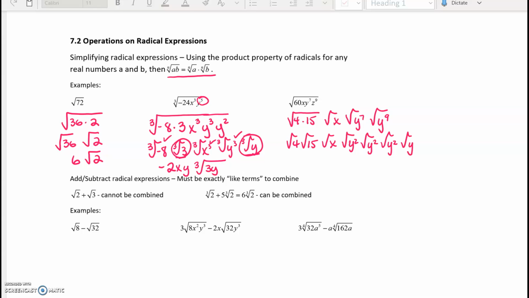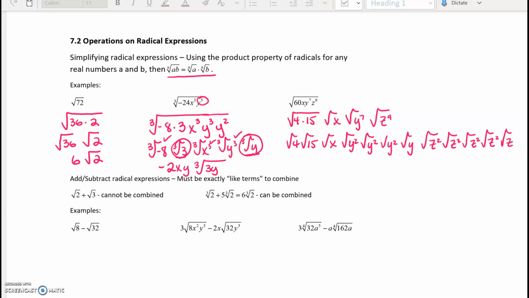Oops, that was supposed to be a z right there, sorry. Z to the 9th. There we go. And with our z's, we have a square root of z squared: 2, 4, 6, 8, and there's our leftover 9.